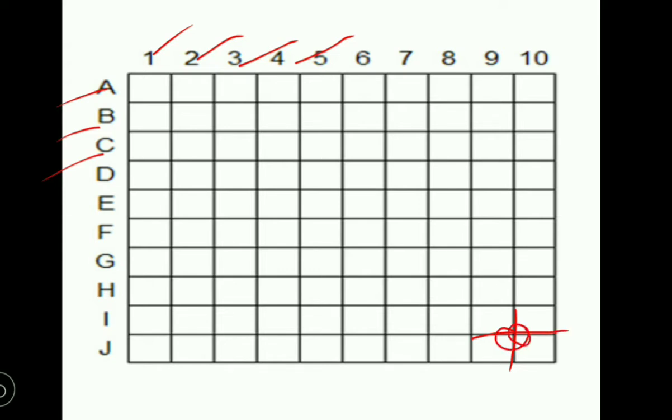So we have various intersection points in our table. Let us start with locating the places on your table.